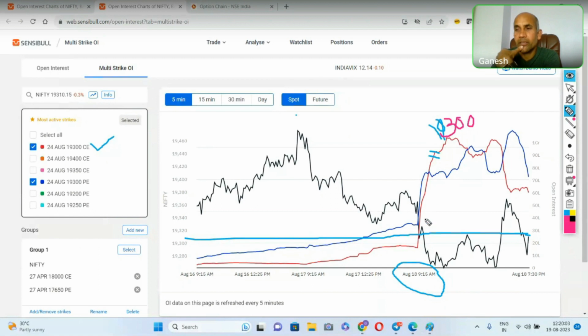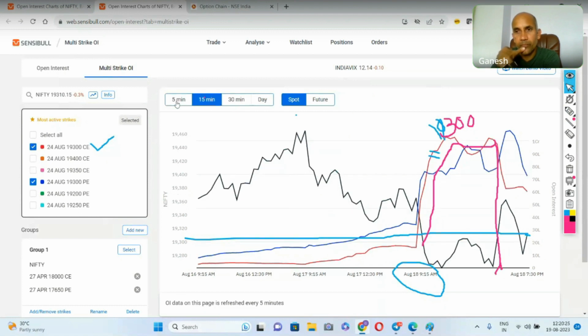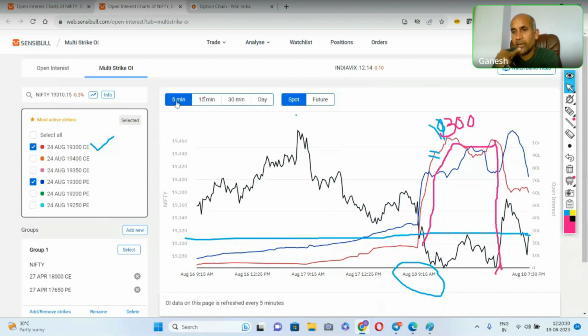So it's going high, right? 19,300 call, they keep shorting till here. Let me put the time. By the end of the day, they are holding for the whole day.